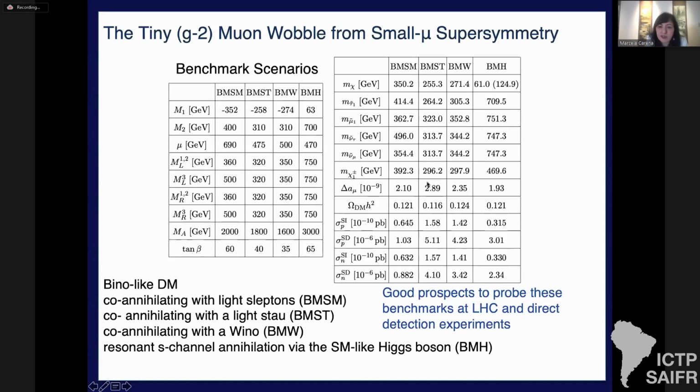But what you see here is that your spectrum is very light, and there are good prospects to probe these benchmarks at the LHC and in direct detection experiments. And then, unlike the large mu region for supersymmetry that maybe is never probed, this is a region of supersymmetry where, if you explain g-2, you will be able to see new particles at different experiments in the next decade. Thank you.